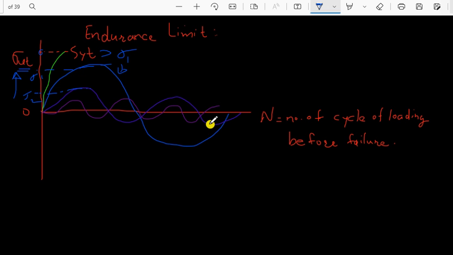run or give a life of more cycles, and if I go on decreasing this stress value, once you get such a graph where the component will not fail up to 10 to the power 6 cycles, that means 1 million cycles, then such a stress value will be called the endurance limit.